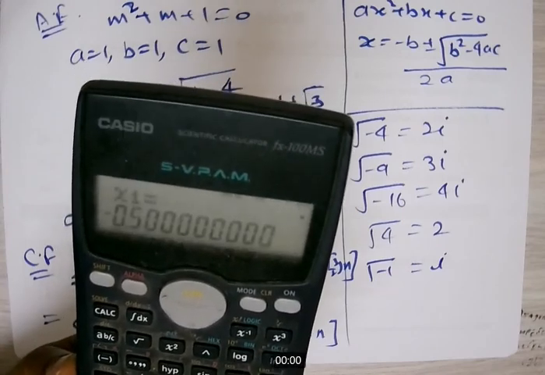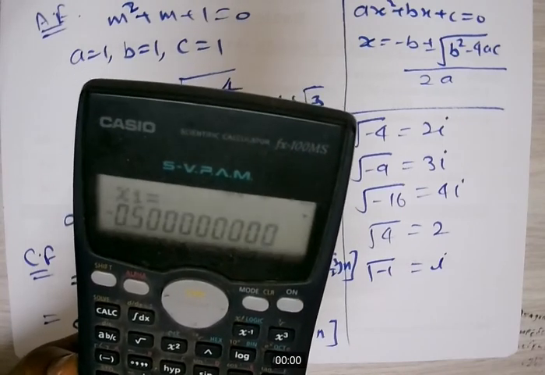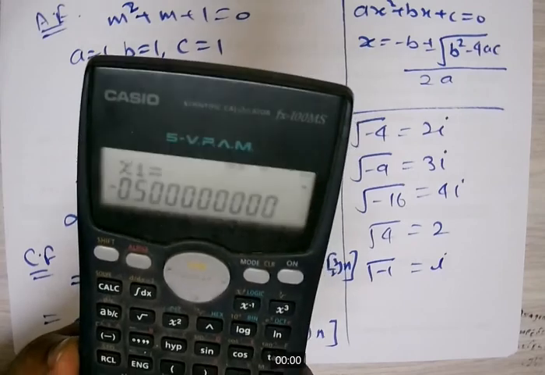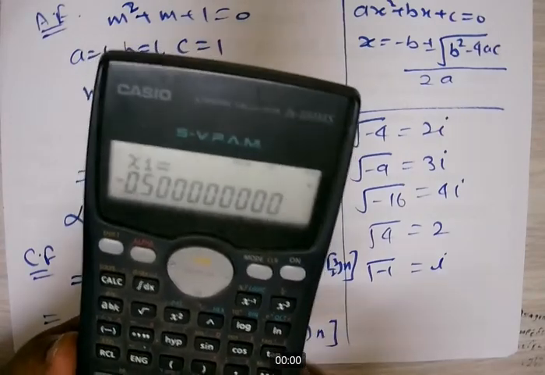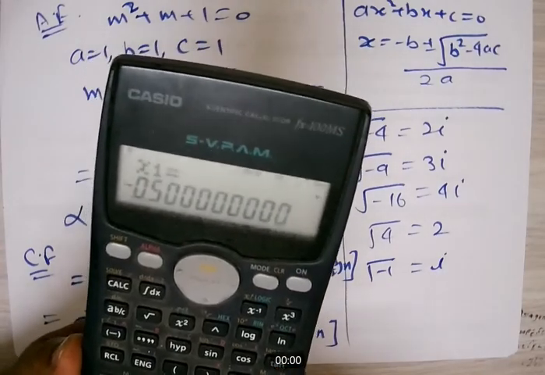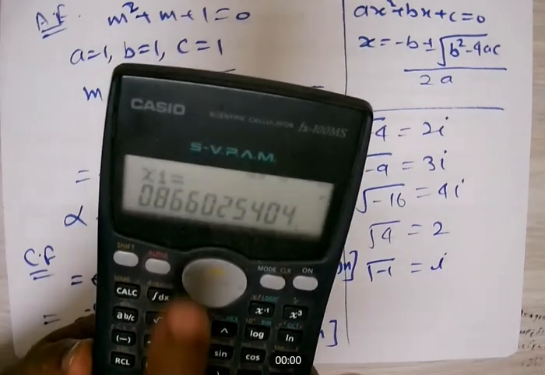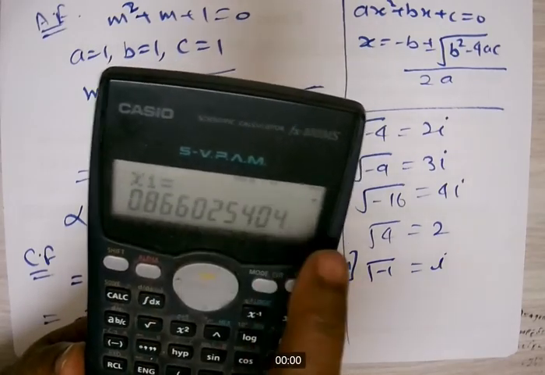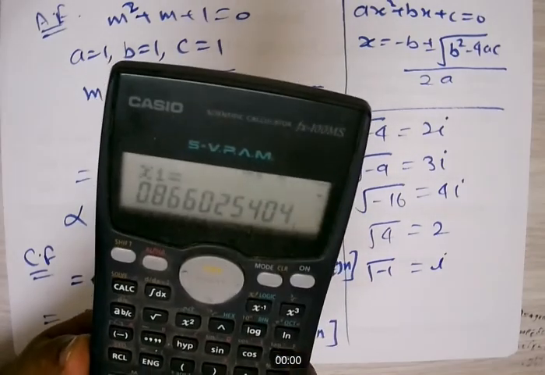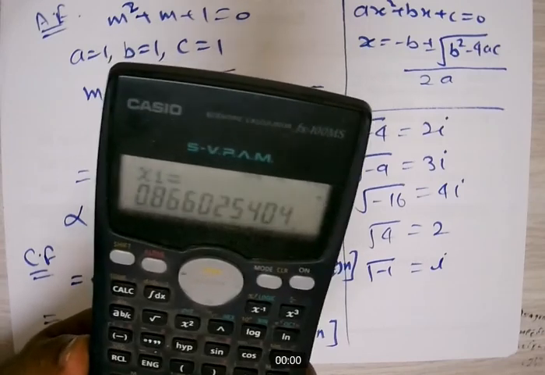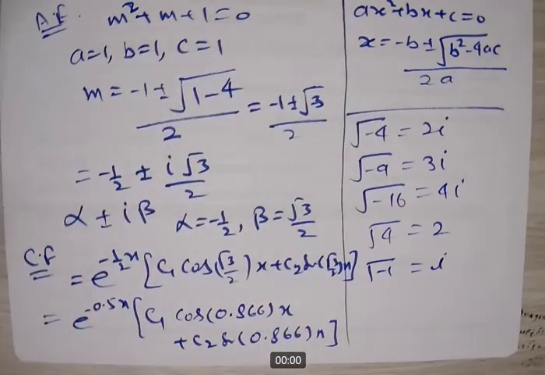This gives you the imaginary part also. So press shift and then equal. Then 0.86 and i appears, and this value is called beta. So please be aware of that. So this is the complementary function.